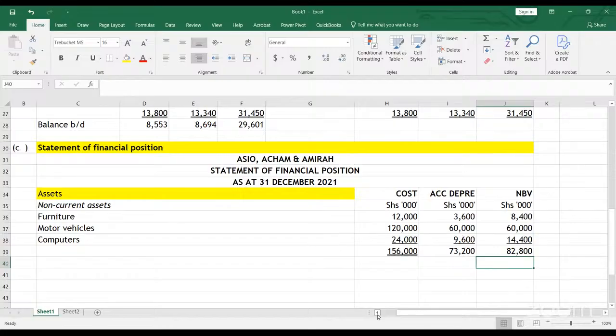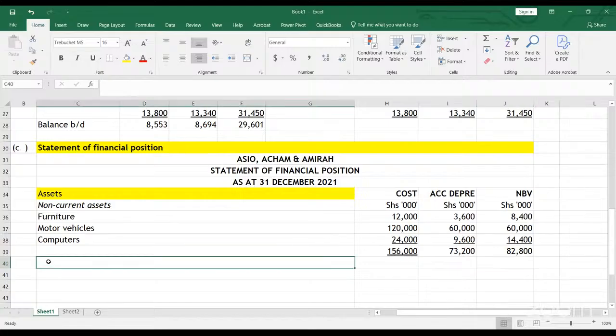Let's move to the current assets. Remember, current assets are those we expect to convert into cash within a period of 12 months.